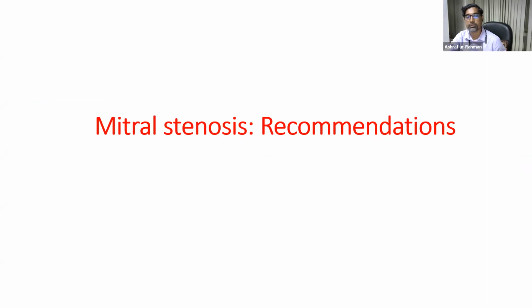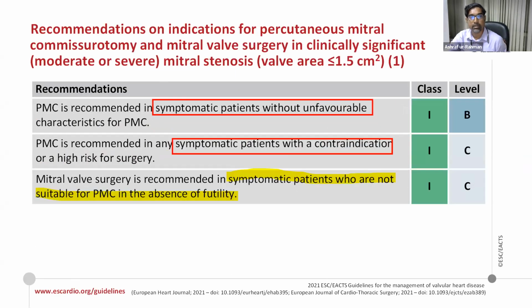So what are the recommendations for treatment of MS? The 2021 ESC guideline recommends percutaneous mitral commissurotomy, or PMC, in symptomatic patients without unfavorable characteristics for PMC. PMC is also recommended in any symptomatic patients with a contraindication or a high risk for surgery.